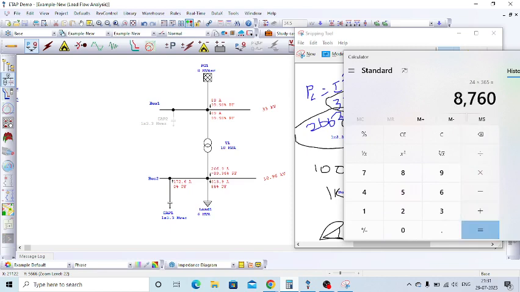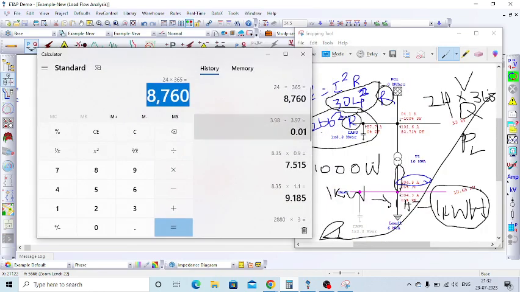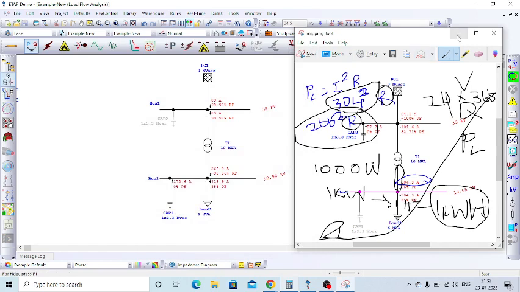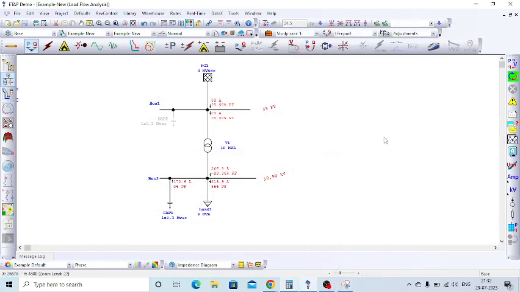So this much amount of energy will be lost in this low voltage network as losses, 8760 units, or 8.7 megawatt hour. That much energy will be lost in this branch circuit due to inadequate reactive power compensation.